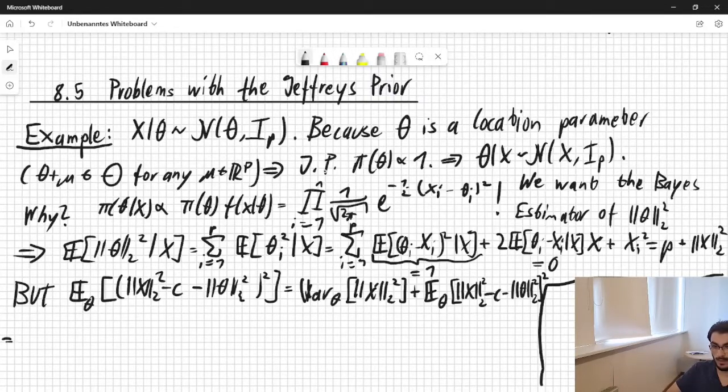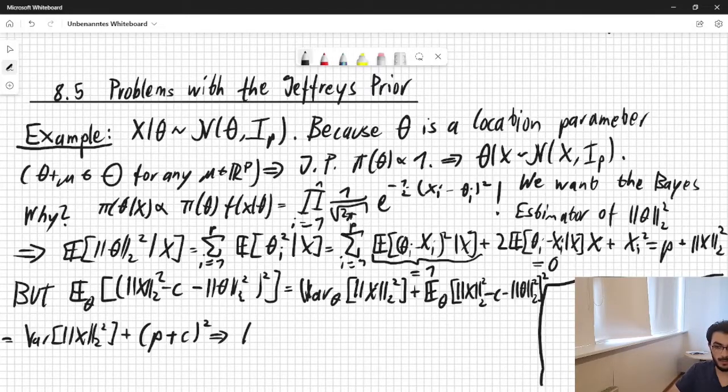So this is equal to the variance of x squared. And then just by the same trick, maybe I'm not going to repeat the trick again. You can do this at home. This is just p plus c squared.